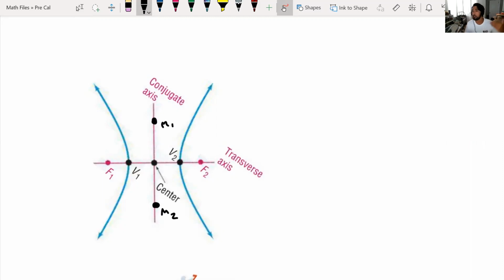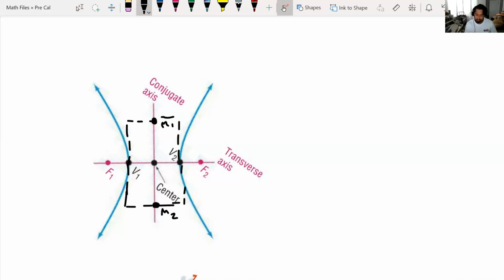And the distance from center to minor point is, of course, B. And what you can create between vertices and minor points is something called the fundamental rectangle. So if I just do some dashes here, we create a rectangle that cuts through the minor points and the vertices.